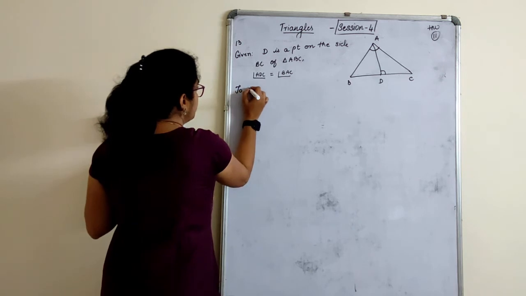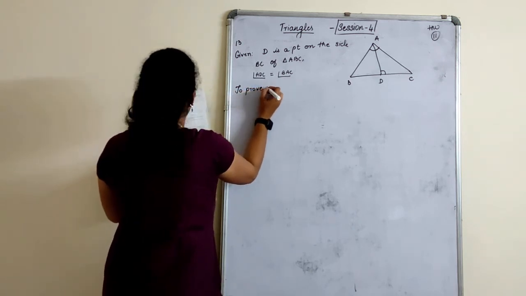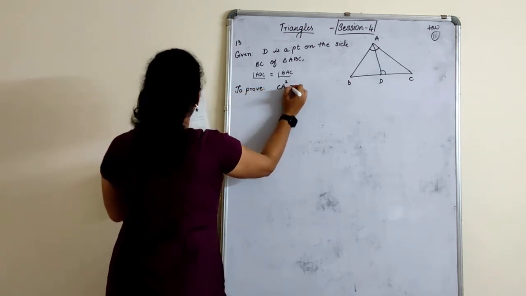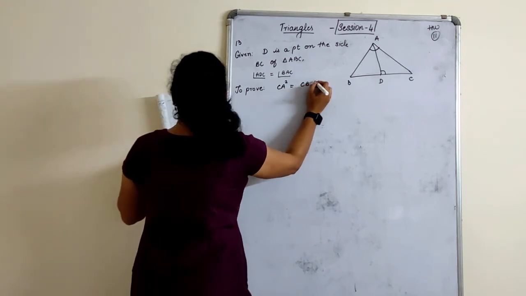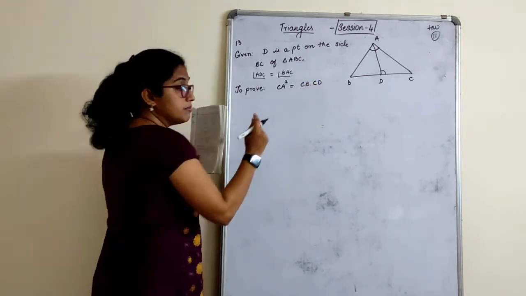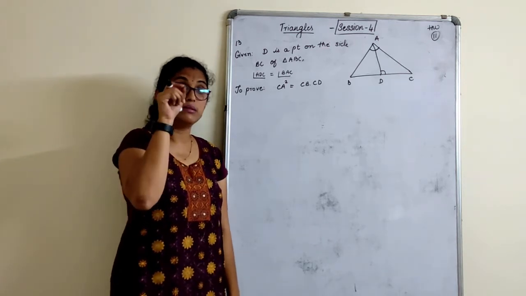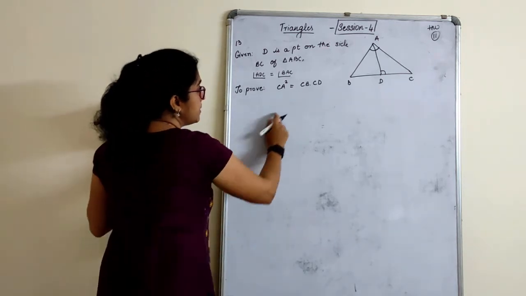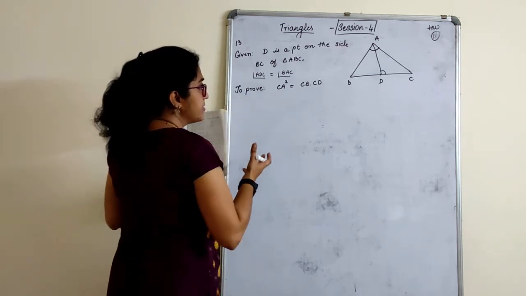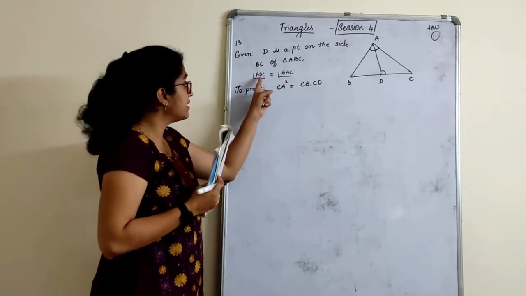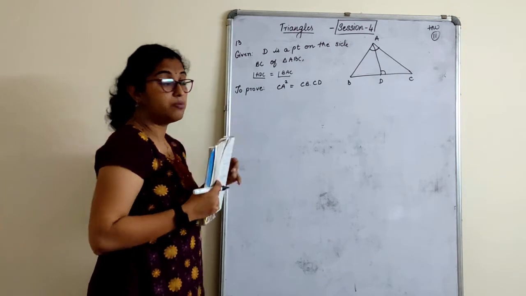To prove, CA square is equal to CB dot CD. Dot meaning is nothing but multiplication. Whenever dot comes in geometry, it's not a decimal, it is a multiplication symbol. CB into CD. Choose triangles. How to choose? Such a way that it has one bigger angle and one smaller angle.